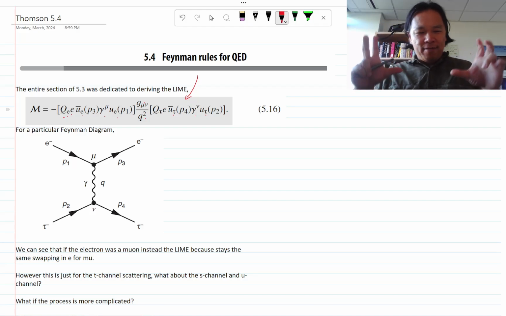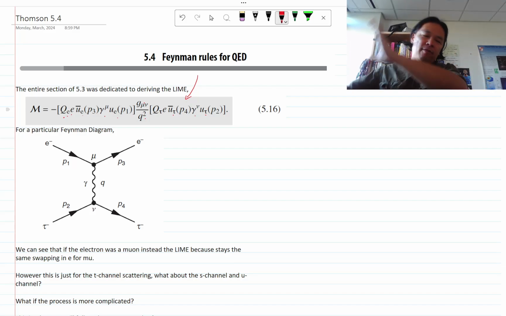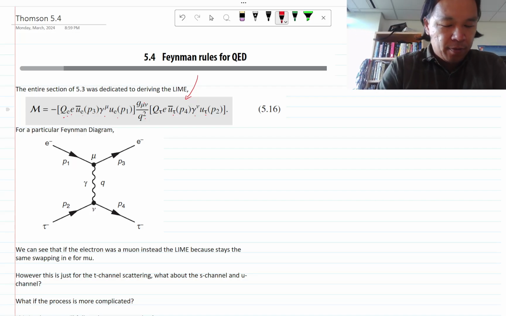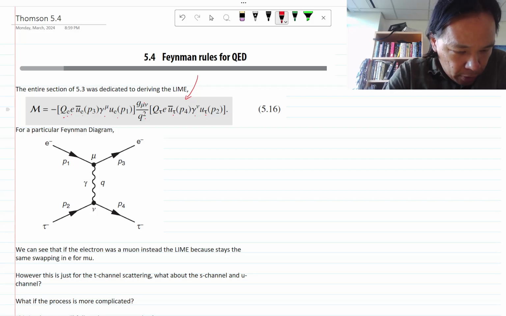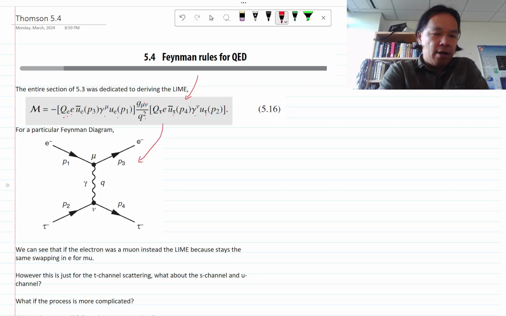And in fact, some of these factors are matrices. Some of them are 4 vectors. Some of them are 4 component spinors. So there's just a huge complication. Some of them you would dot product together. Some of them you will not. And this describes basically the matrix elements for calculating the scattering of an electron off a tau.